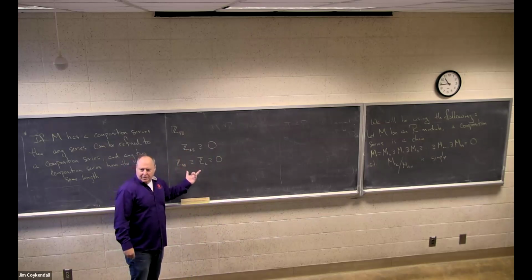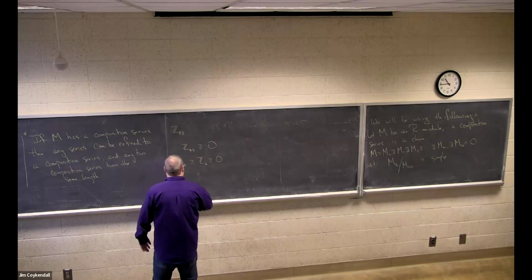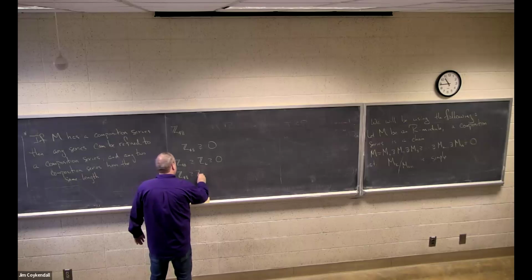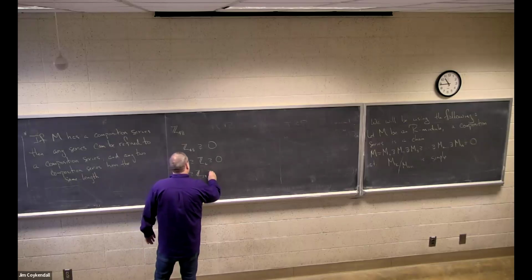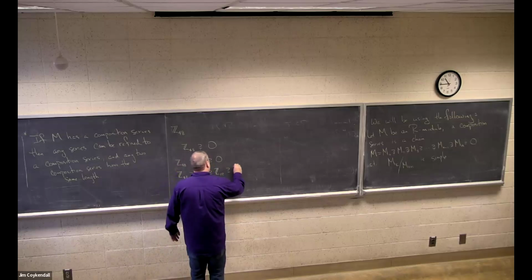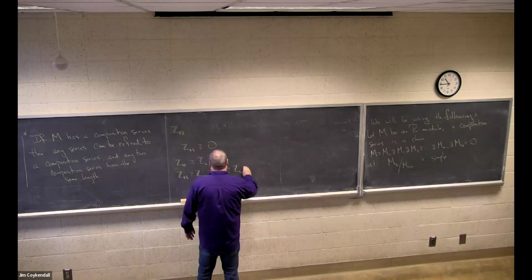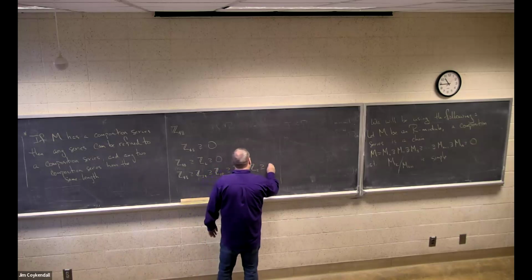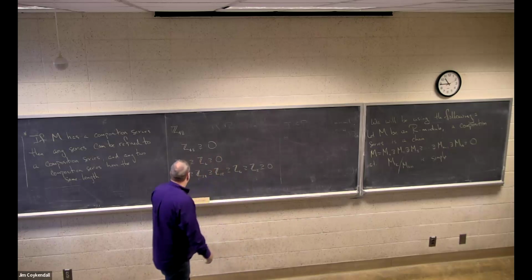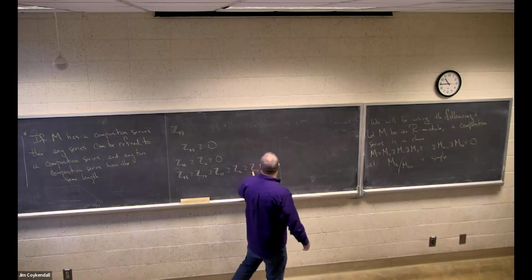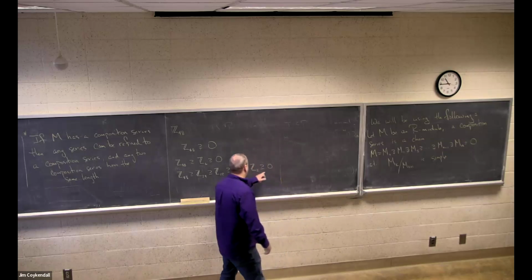Neither of the quotients are simple. Further, the quotients are Z2, Z2, Z2, Z2, or I'm sorry, Z3, Z2.